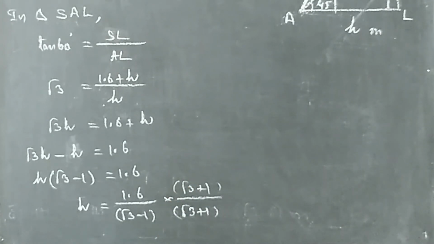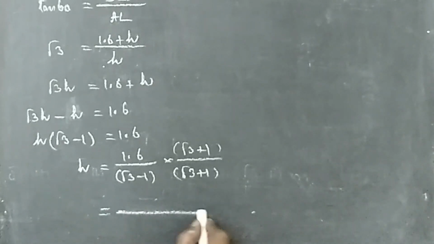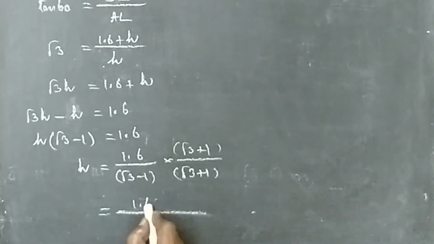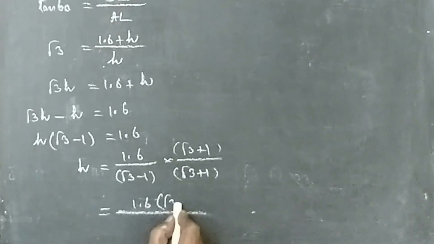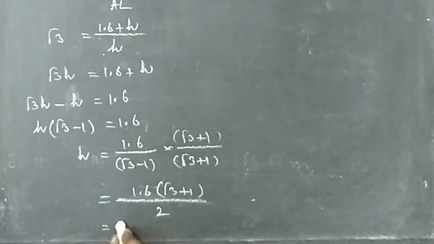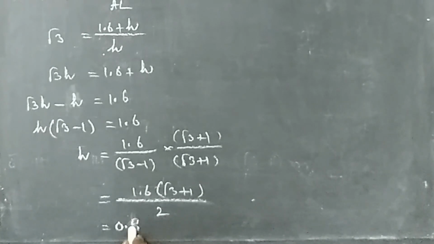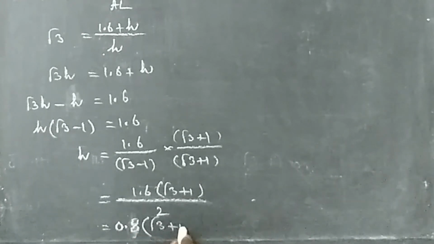This equals 1.6 into root 3 plus 1 by 2, which is 0.8 into root 3 plus 1 meter.